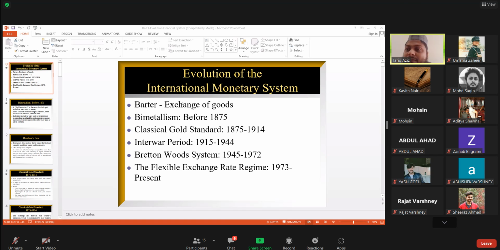So these were some of the basic problems associated with the barter system. Under the barter system, there was no unit of measurement. There were problems associated with store of value because people needed something to store value, and goods are not suitable to act as a store of value.